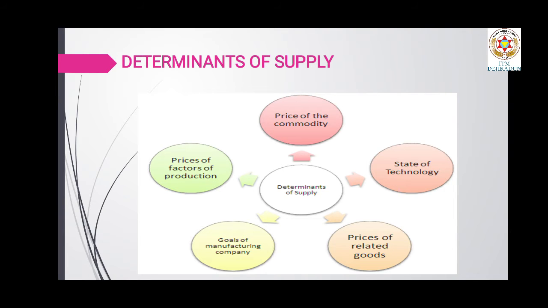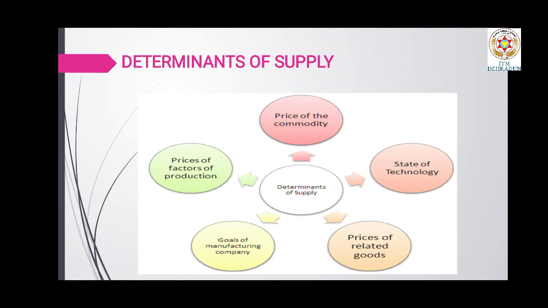Like the price of the commodity, supply is positively related to the price of the commodity. When other things remain the same, if the price of the product rises, the suppliers will find it profitable to sell more. So, they will supply more at a higher price.